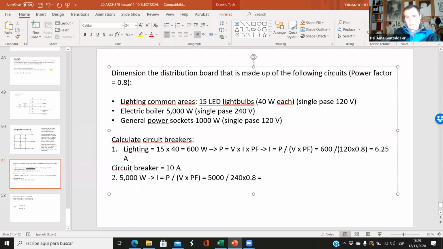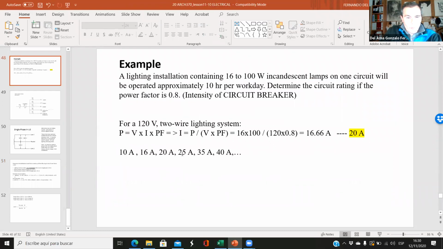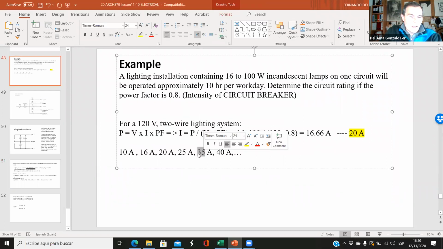So this is 5,000 divided by 240 divided by 0.8, which is 26.04. Then the circuit breaker should be more than 26. So let's say 35.